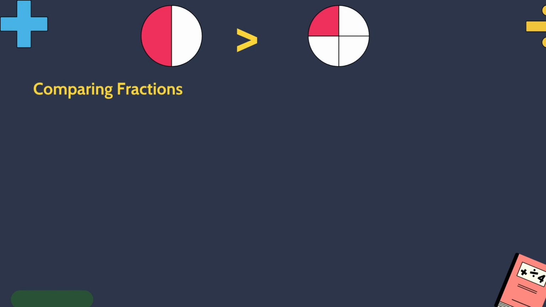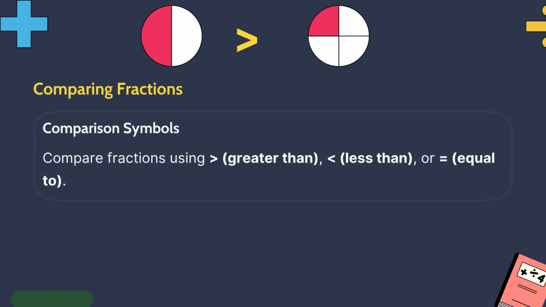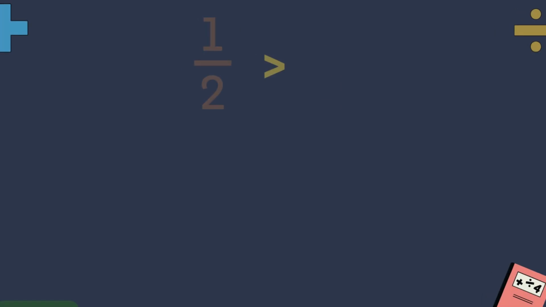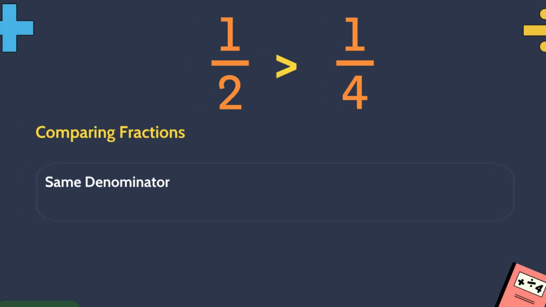Now, let's talk about comparing fractions. We can compare fractions using symbols like greater than, less than, or equal to. Using visual models can help us compare sizes. For example, a half is greater than a quarter because a half covers more area. When fractions have the same denominator, we compare the numerators.